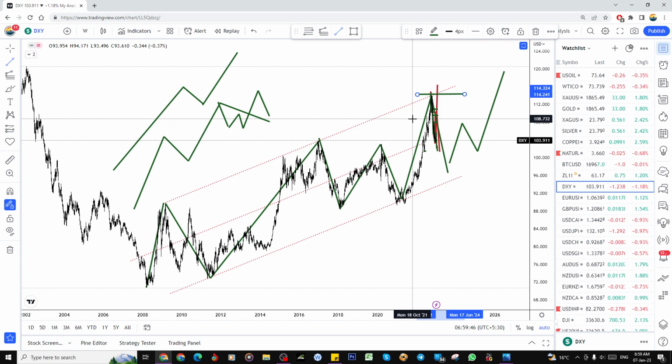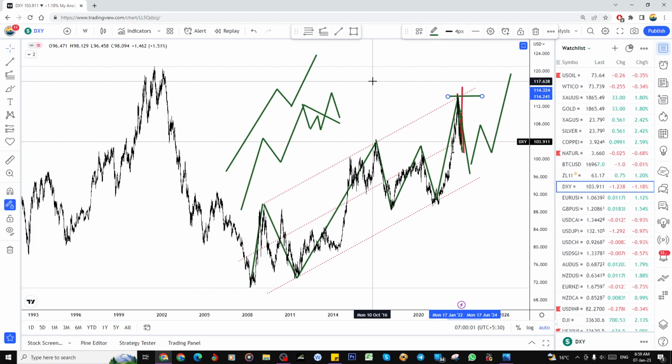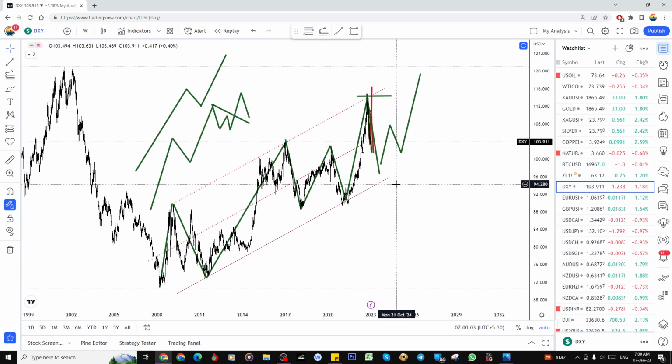GBP USD has already reached my target. Euro has also achieved my target. USDCAD has also achieved my target. But Australian dollar and New Zealand dollar have not yet, so there is still a chance. But how long it will take is the most important thing we need to think about, right?